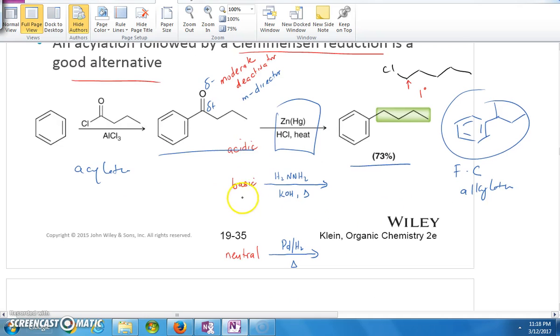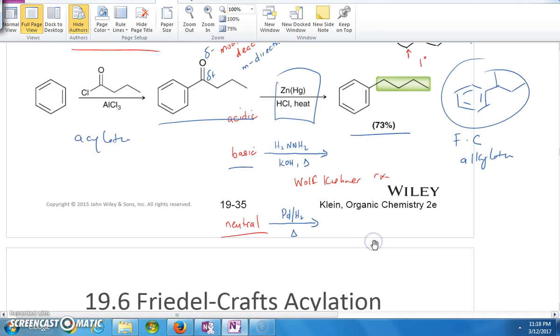You can also do it under basic conditions, using hydrazine and potassium hydroxide with heat, and this gives you the Wolff-Kishner reaction. Or you can do a reduction with palladium and hydrogen, and that's under neutral conditions. So that's a way of getting rid of a carbonyl group.